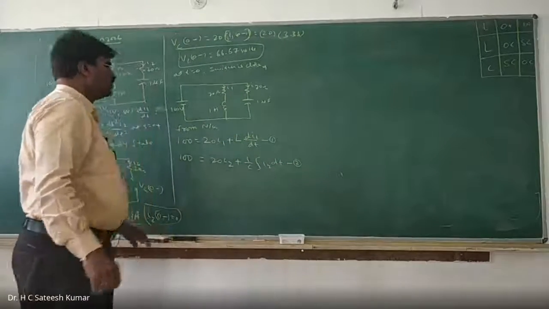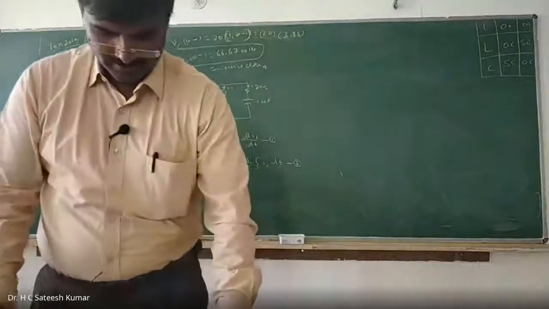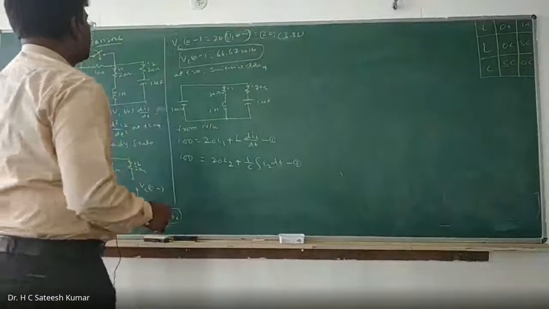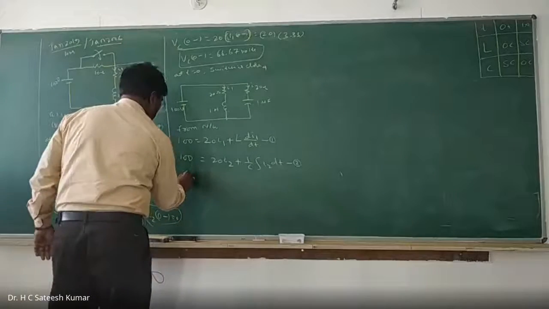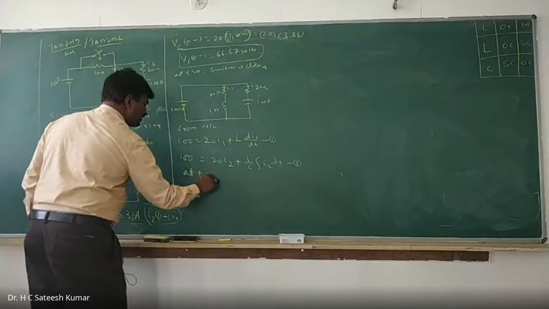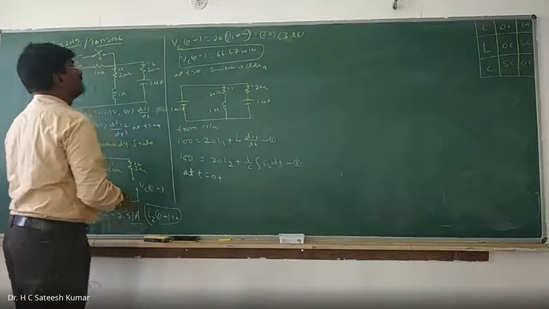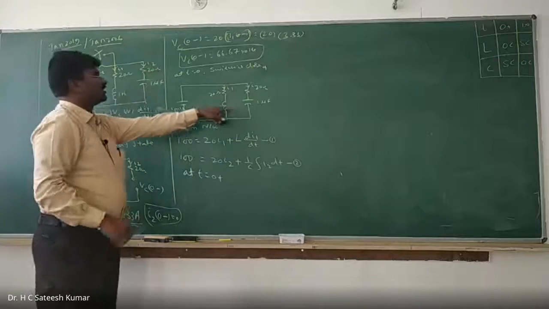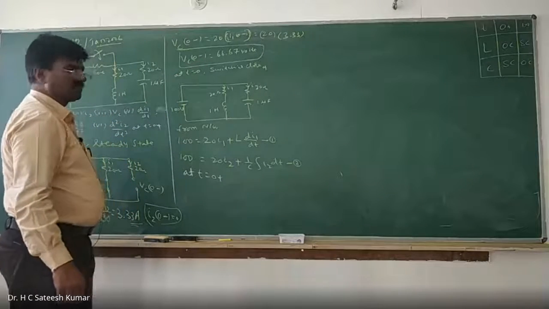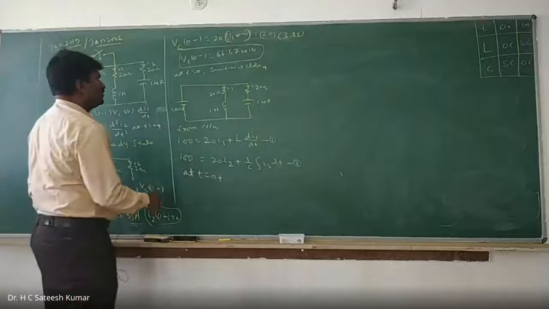Now, once you get these two equations, at t equal to 0 plus, what will happen? VC at 0 minus is 66.67. Any capacitor will not be able to respond very fast.